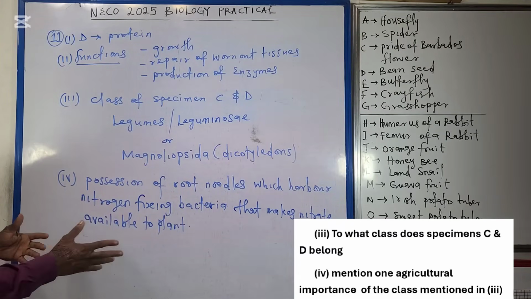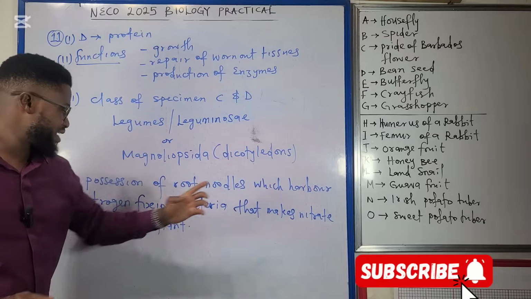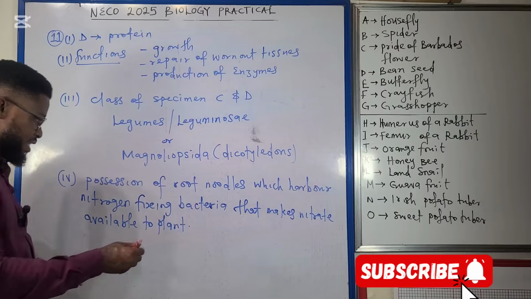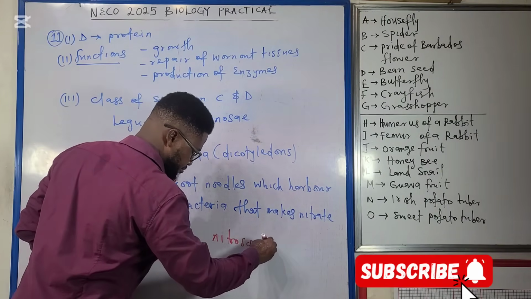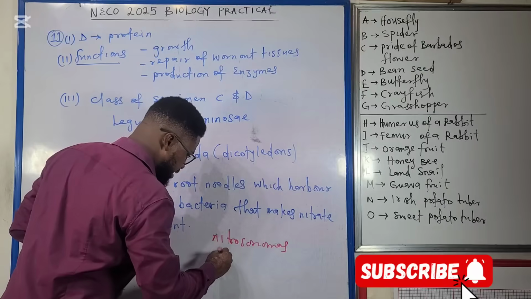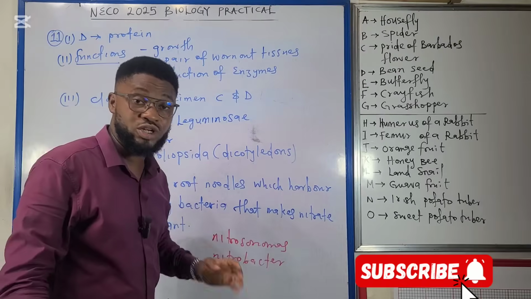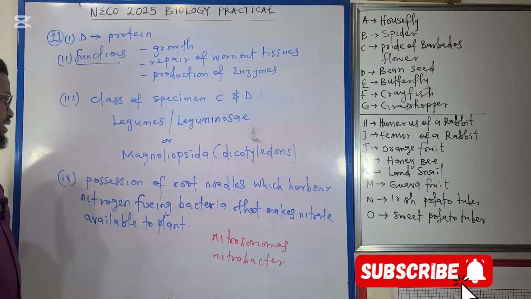Legumes have root nodules which harbor nitrogen fixing bacteria like Nitrosomonas and Nitrobacter, which convert ammonia into nitrites and nitrates respectively.